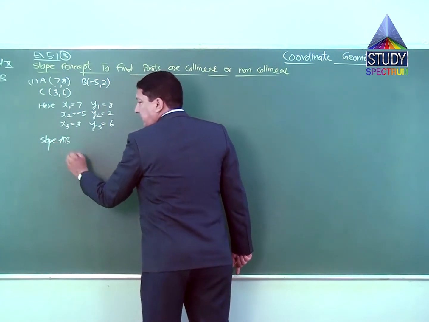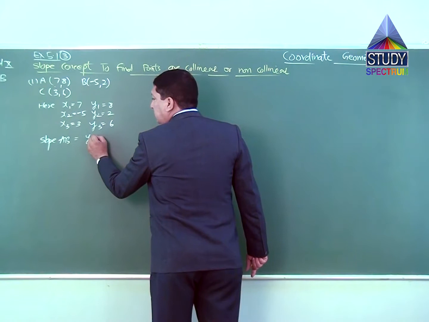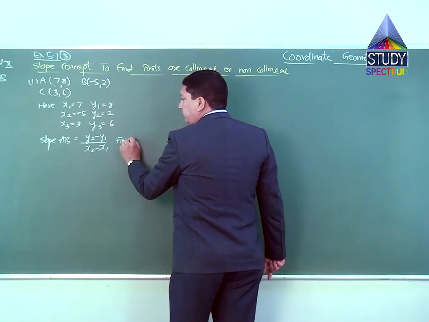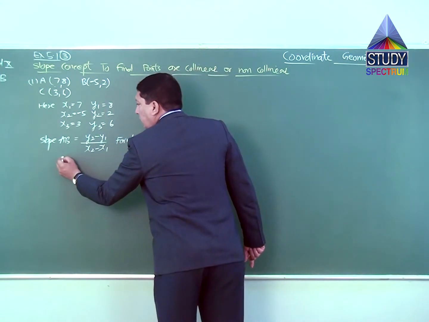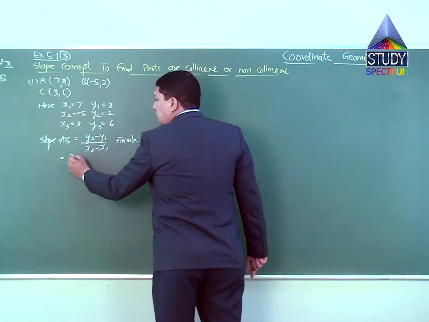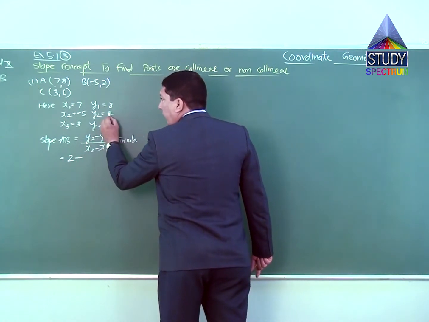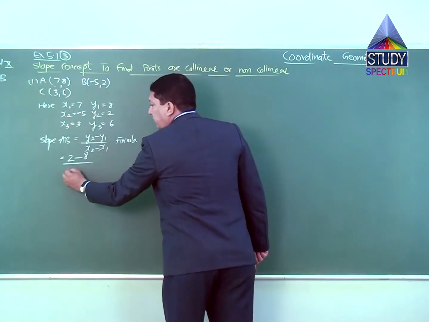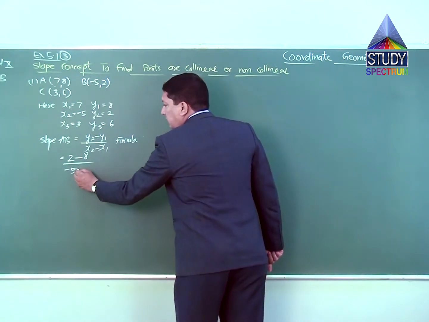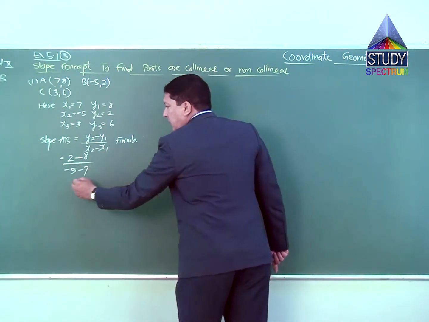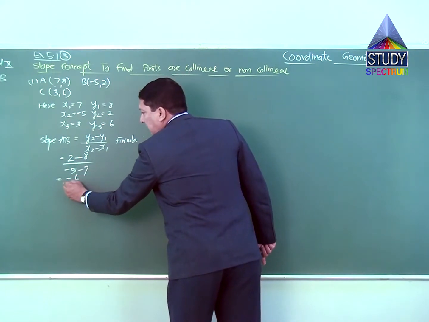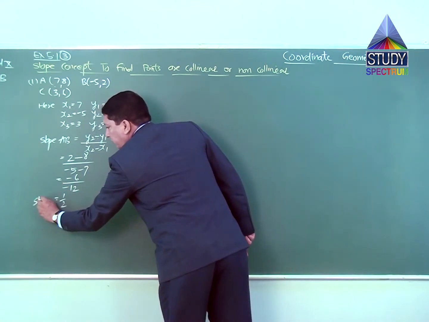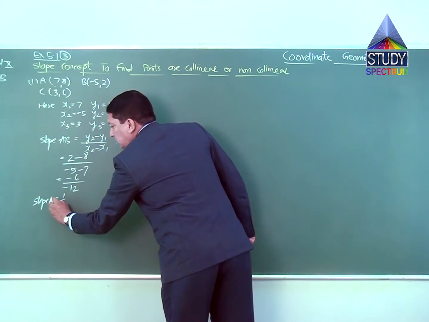Slope of line AB is equal to y2 minus y1 upon x2 minus x1. This is the formula. Now y2 is 2 minus y1 is 8, x2 is minus 5, x1 is 7. So the minus sign will come because this minus sign is here. This will give you minus 6 upon minus 12. So the answer is 1 upon 2. So we got slope AB is equal to 1 upon 2.